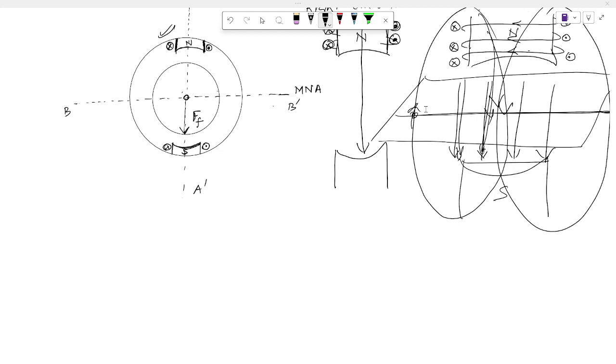Yes or no? So can we call it a magnetic neutral axis? Yes, sir.